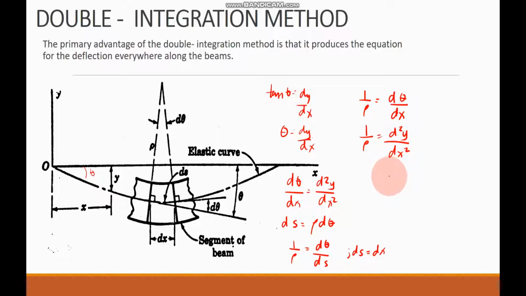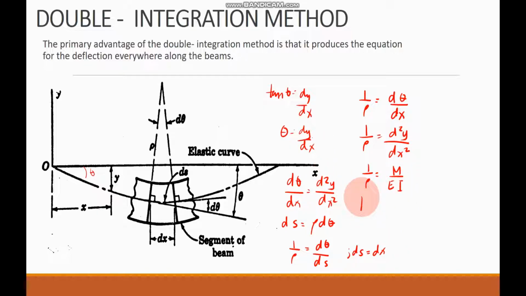So we have obtained in chapter 5 the flexure formula, on which 1 all over rho is equal to moment all over the modulus of elasticity multiplied by the moment of inertia.